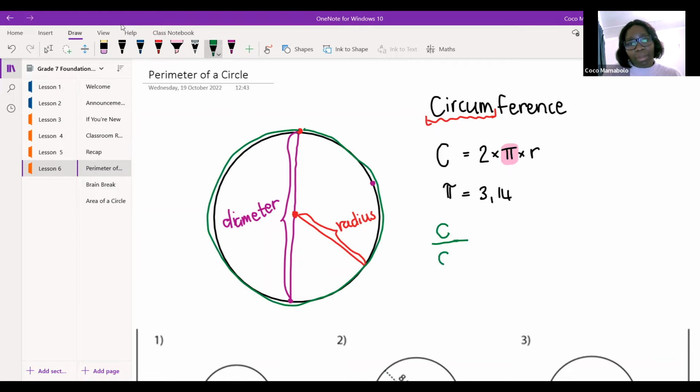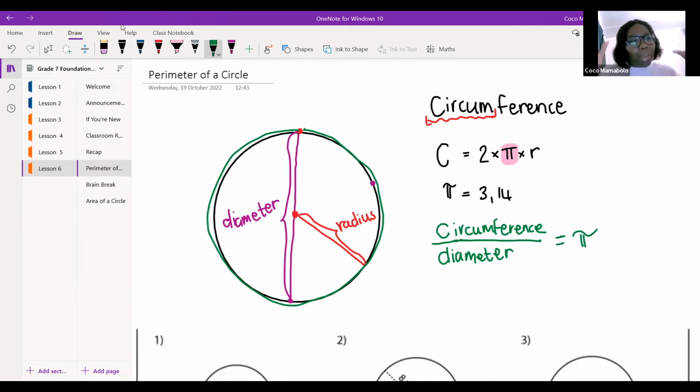Circumference divided by diameter. Your English, guys, English is not my first language. The answer I'm going to get every single time is pi.